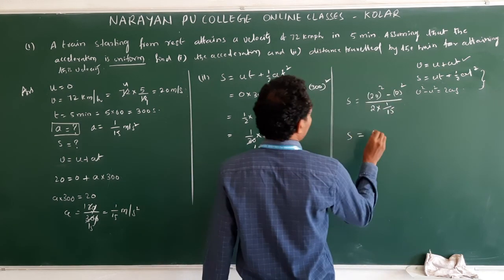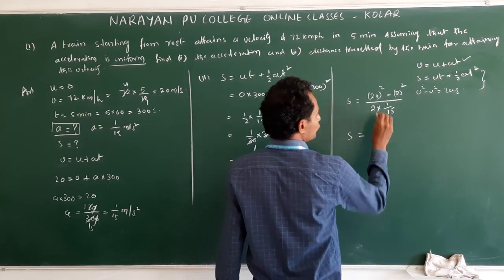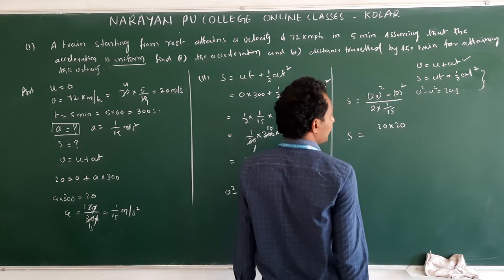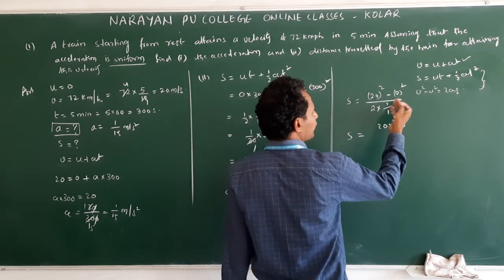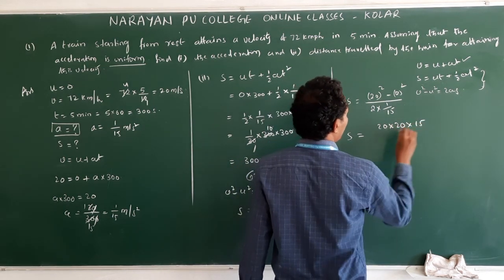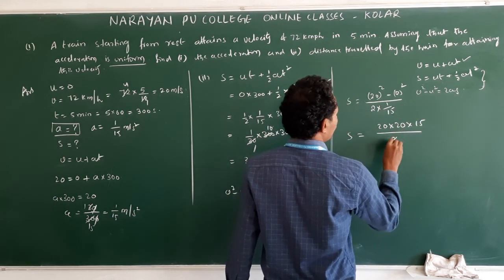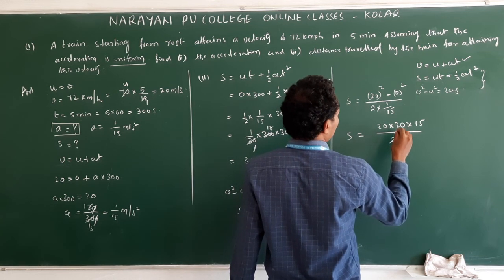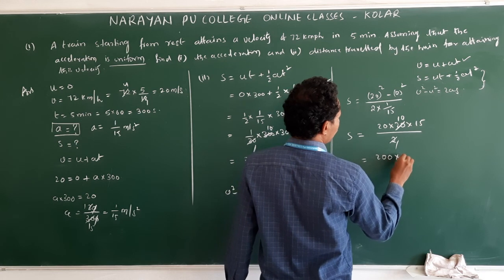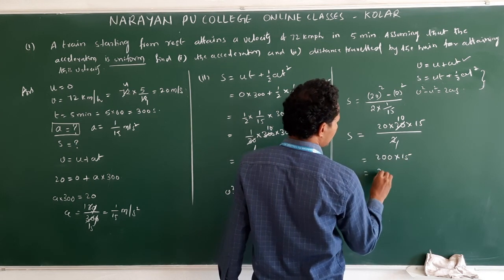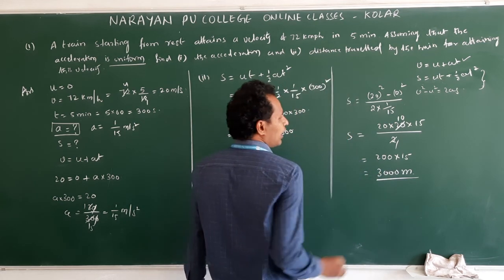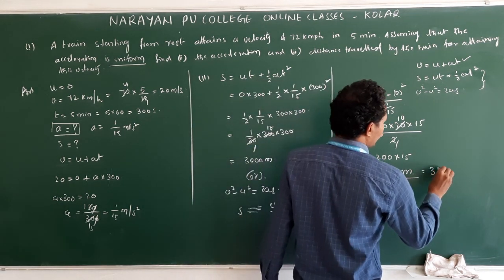So I can write 20 into 20, 0 square is 0, by 2 into 1 by 15. This 15 comes up by 2. 2 ones 2, 2 tens, 200 into 15. Again this is 3000 meters. Clear? Or we can write 3 kilometer.